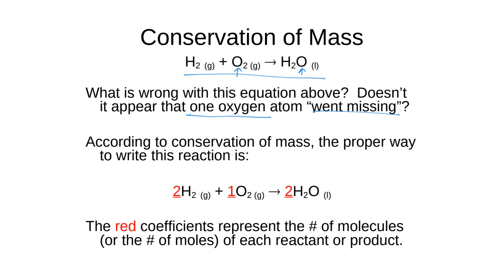But according to conservation of mass, the amount should be the same in the product and the reactant. So we will balance it. We will put a coefficient of 2 for hydrogen, coefficient 1 for oxygen, and coefficient 2 for H2O, water.